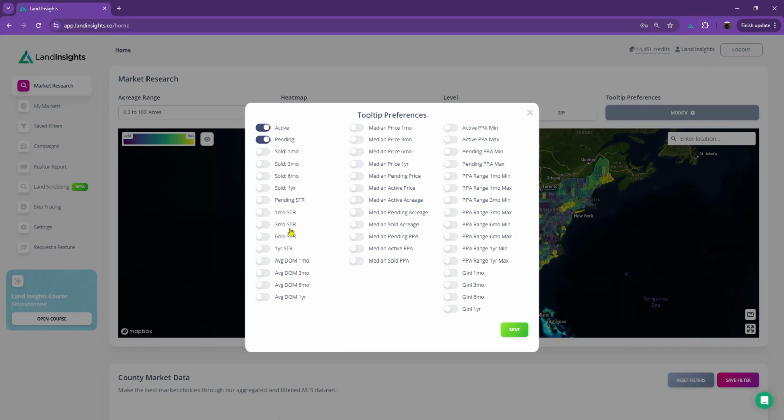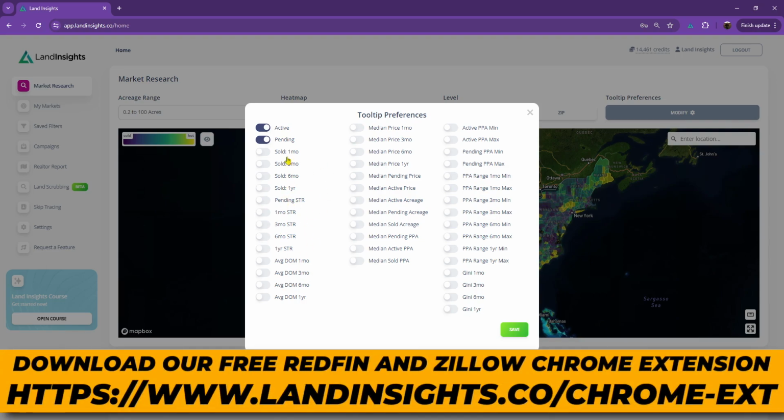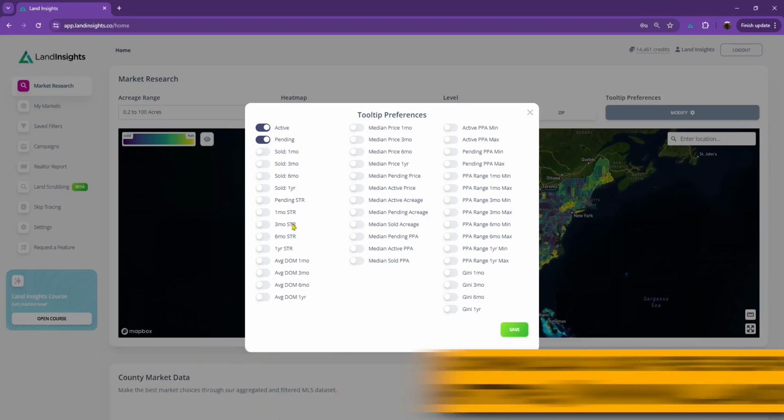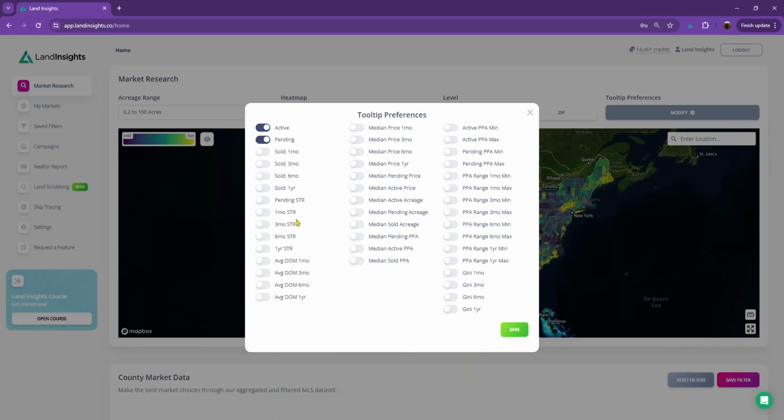So both of these kind of work in tandem, and you can imagine if you're only looking at sell-through rate, you might miss the fact that some counties or markets have no data. And if you're only looking at sold amounts, you might be missing the fact that the sell-through rate sucks. So we could really drill down by looking at these together.